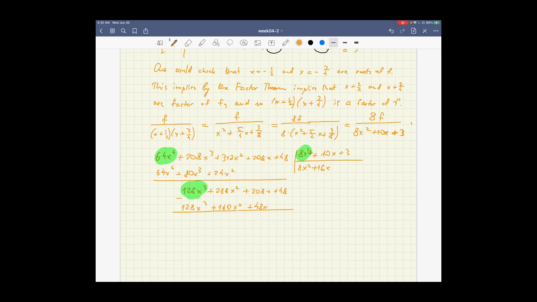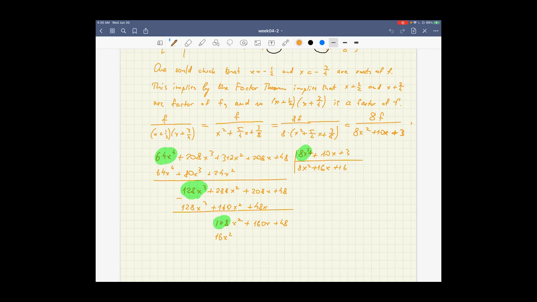Now the difference is 288 minus 160 is 128. 208 minus 48 is 160. Now the ratio of the leading terms is again 16.